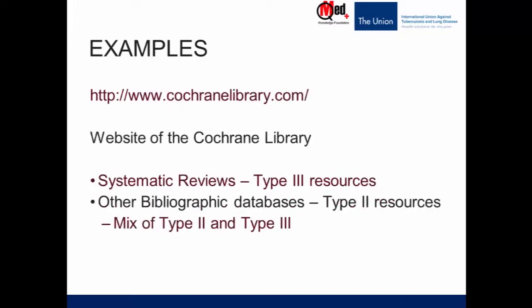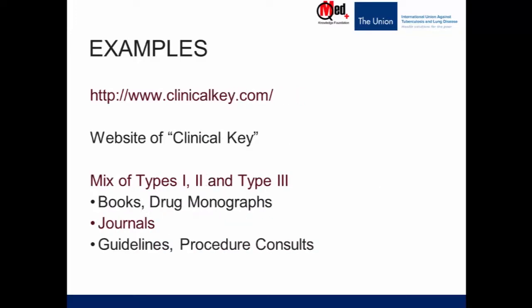If we visit the Cochrane Library, the Cochrane Library has systematic reviews, which is type 3, and it has bibliographic databases of type 2 resources, which are journal articles. So, this website has a combination of type 2 and type 3. If we visit clinicalkey.com, which is the website of a resource called Clinical Key, it has a mix of all three: books, drug monographs as type 1, journals as type 2, and some of the other type 3.